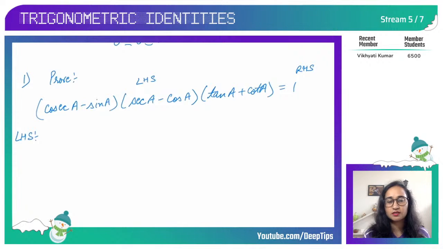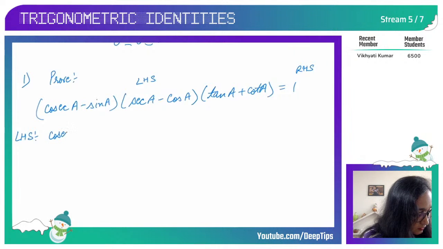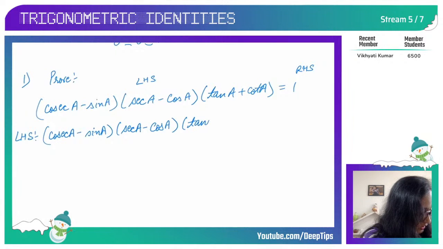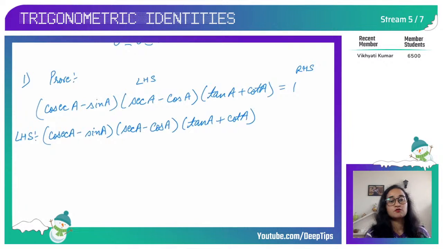How you do this in the question, you write left hand side and then you copy it down. So I'm writing here (cosecant A minus sine A) into (secant A minus cos A) into (tan A plus cot A). So I have written my left hand side here.